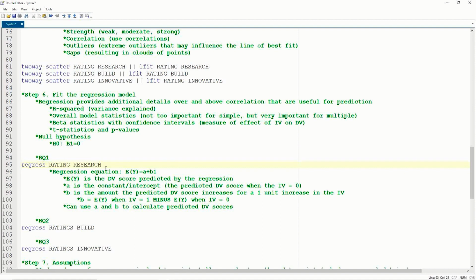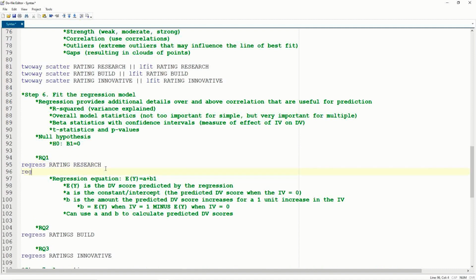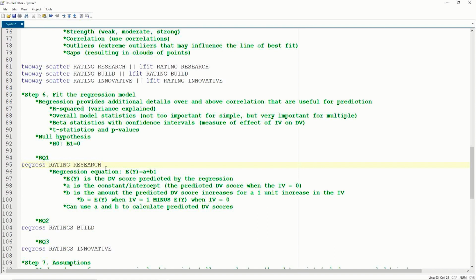So unlike correlation, our regression command starts distinguishing DVs from IVs. Essentially the formula is regress, DV, and then IV. When we move into next week, we'll see that you can have as many IVs as you like, but only one DV. So the first variable that comes after the regress command, Stata is taking that as your DV. Okay, let's run this.